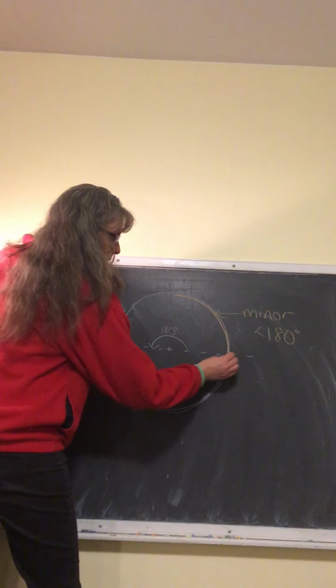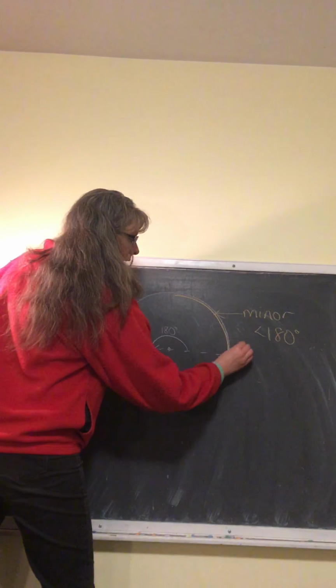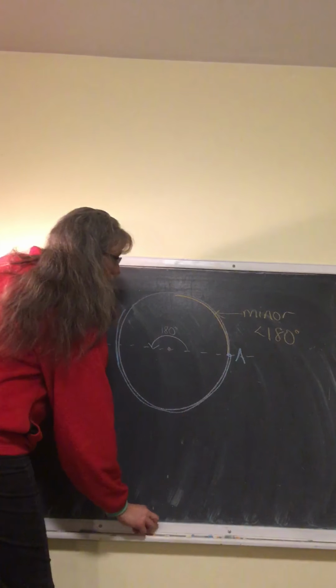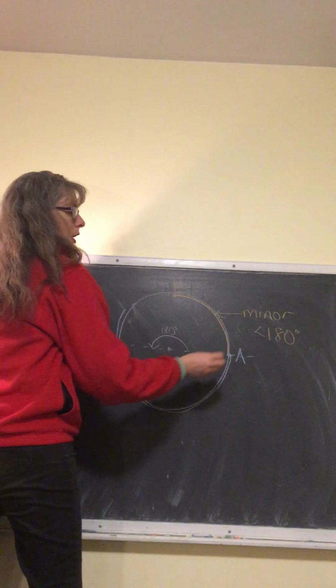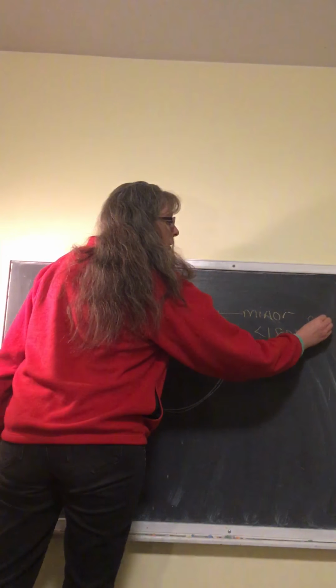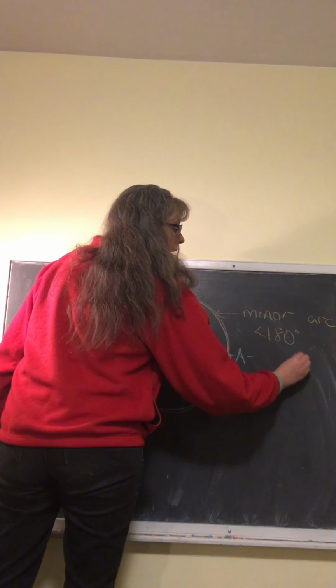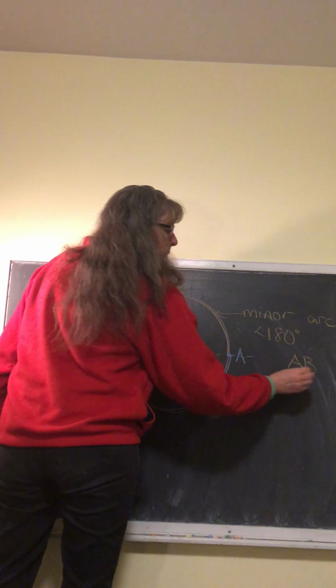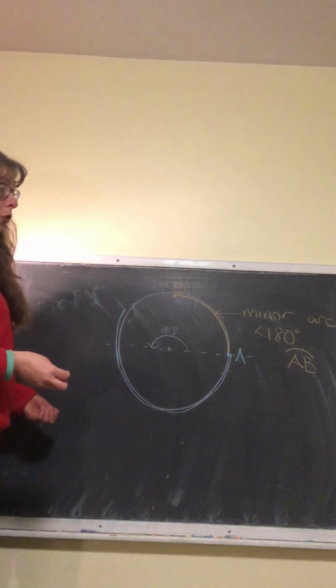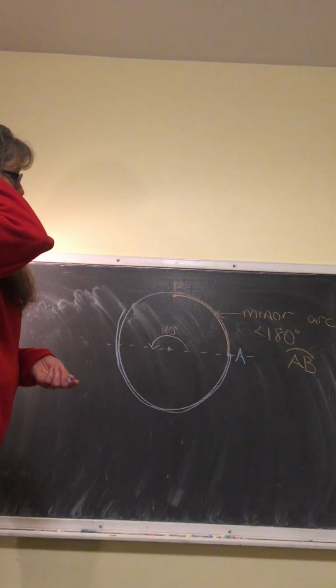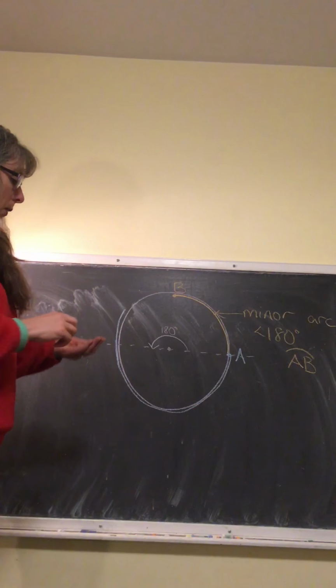Let me give these some names. This will be A, and this will be B. So our minor arc here is called arc AB, and we put a little arc shape over that to designate that we mean arc AB.